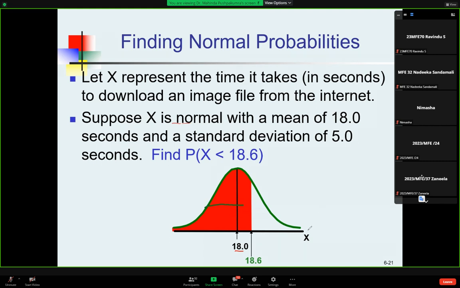Then the method is you have to convert this value into Z. Then you will have to find the Z value here. Then how to find Z? Z is equal to X minus population mean divided by the standard deviation.